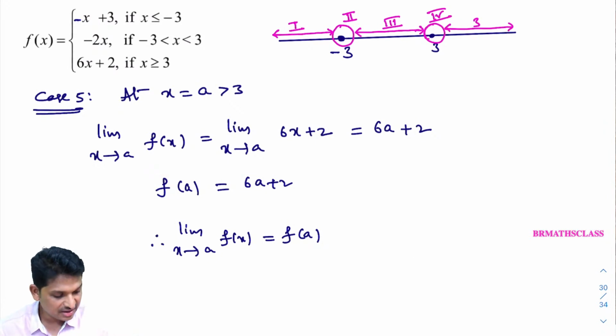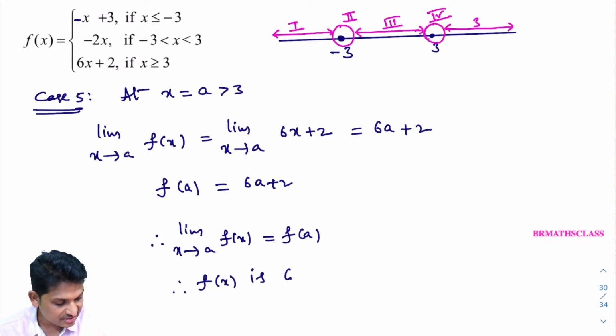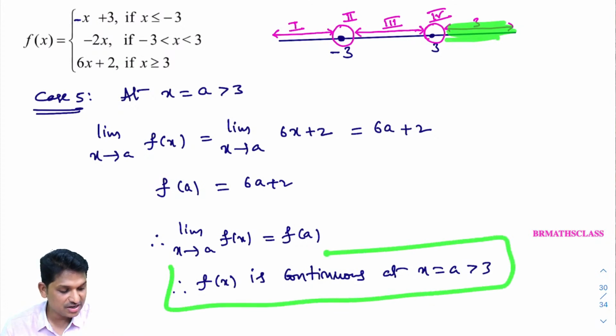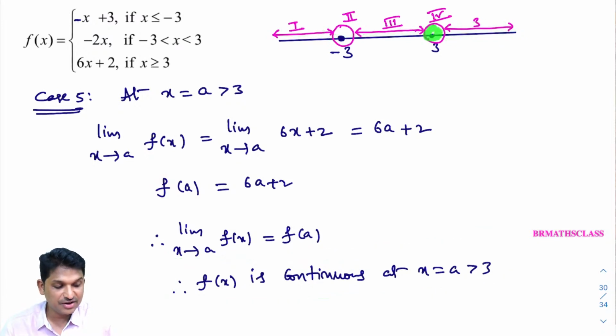So f of x is continuous at x equal to a, where a value is greater than 3. So I checked the continuity in this zone and got that it is continuous. When I check in case 1, case 2, case 3, case 4, the given function is discontinuous at this point only. So I'll conclude.